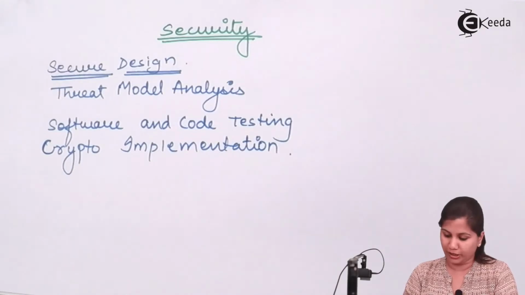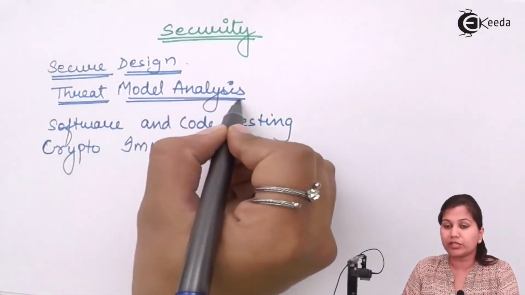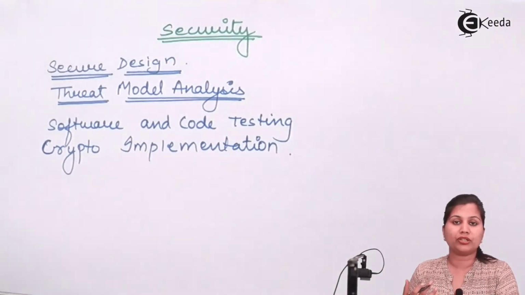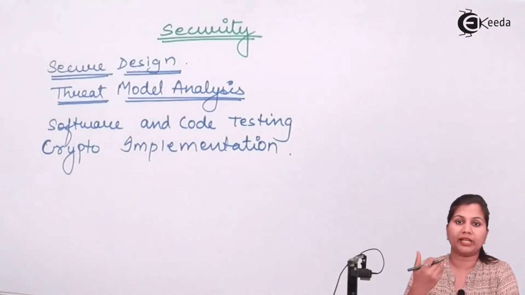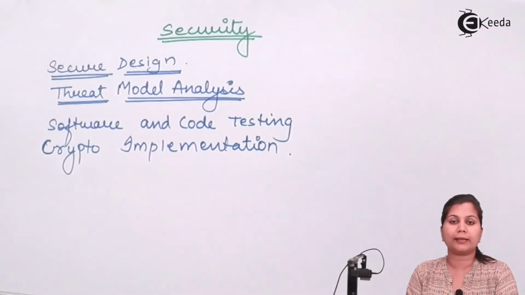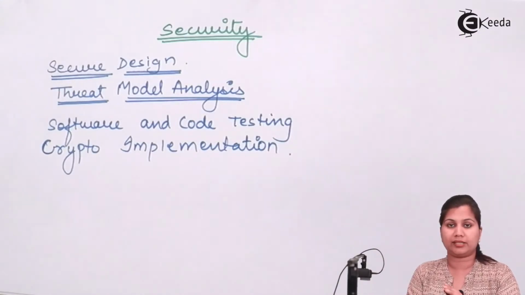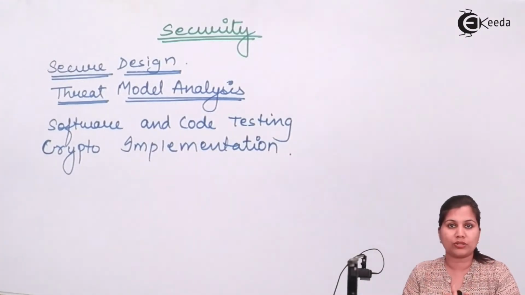Then threat model analysis means the adverse conditions to which the embedded system is going to be exposed. The system is checked for those conditions, to see how it will react to them.